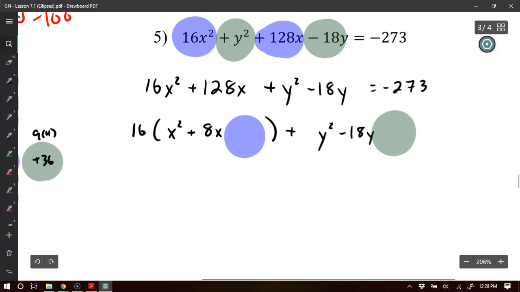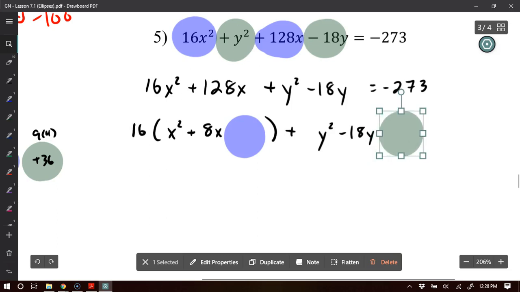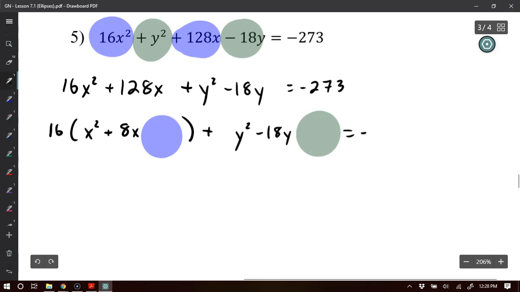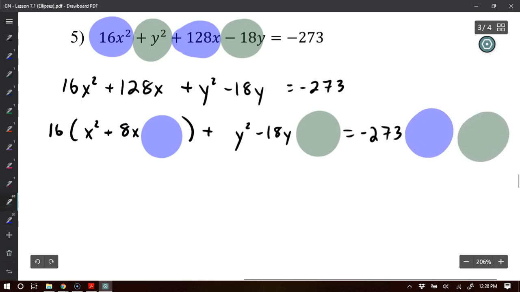But if I put placeholders on the left side, I have to put placeholders on the right side to keep the equation balanced. So it equals -273, but I'm going to put my blue placeholder for the x term and my green placeholder for the y term.